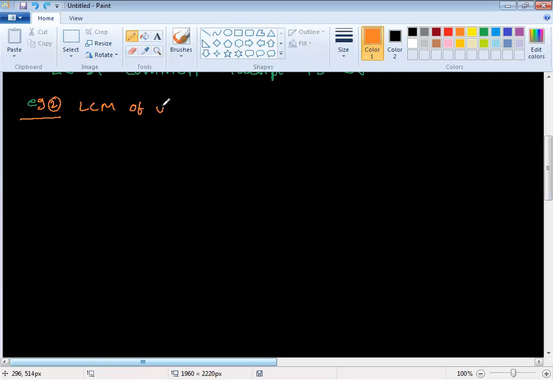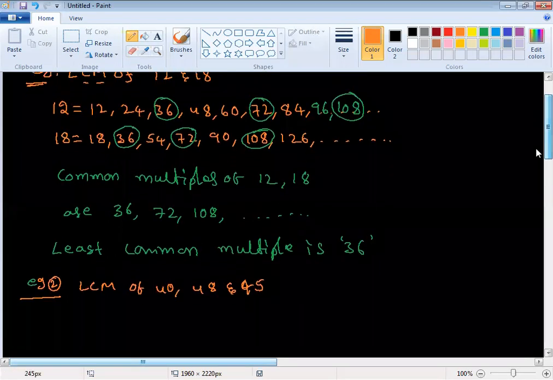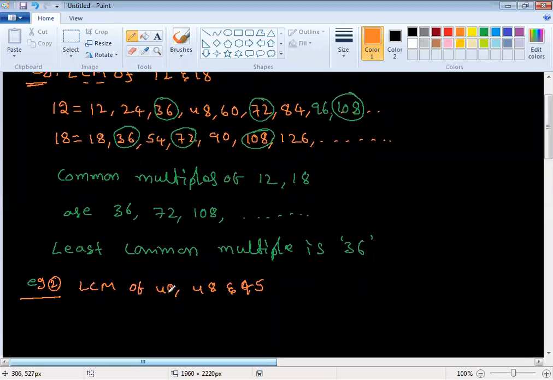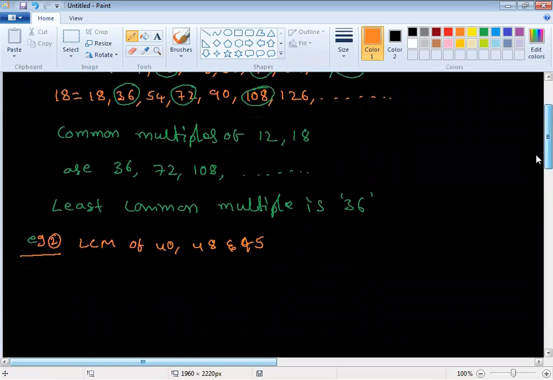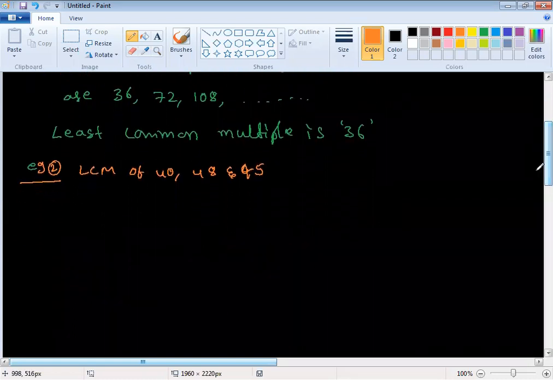Some 40, 48, 45. See, by using the previous method, you have to know the multiples. Like this, you have to write the multiples for 40. 40 table you have to know, 48 table you have to know, 45 table you have to know. So it is little bit difficult comparing that.